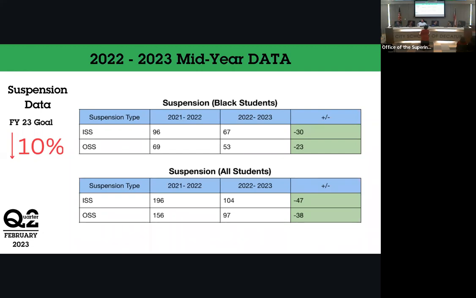I have three questions about this table. This is grades 6 through 12, right? All grades. I assume that if you get all the way to OSS, this decision is made by an administrator. Is ISS also decided by an administrator? Are these numbers broken down by administrators so you can see if there's a trend?